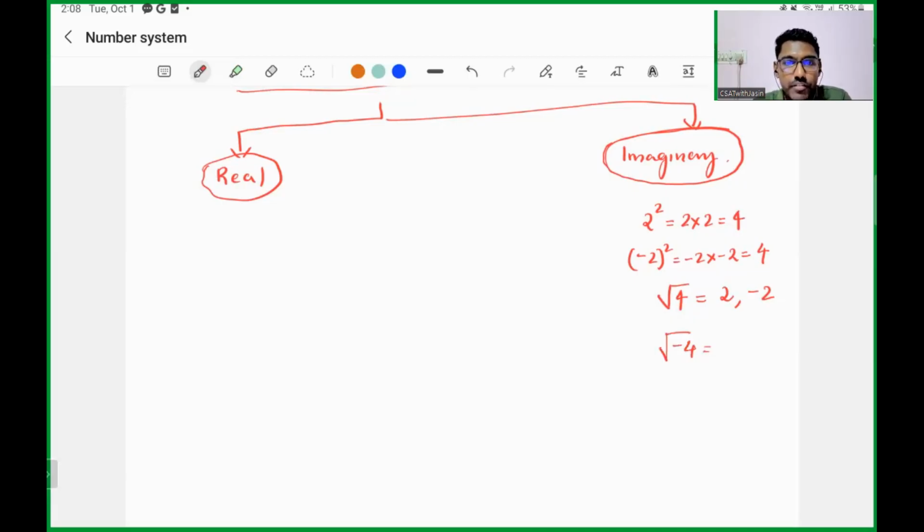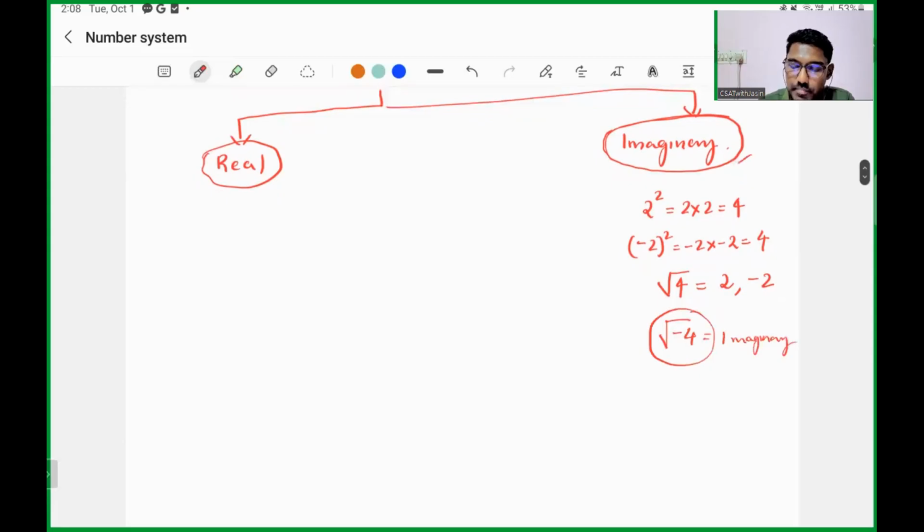When we square any number, we will not get a negative number. So you cannot give an answer. Root of minus 4 is actually an imaginary number. It doesn't exist. So this is known as the imaginary number. You don't need to worry about imaginary numbers, because UPSC will be asking only real numbers. So you have to focus more on real numbers.